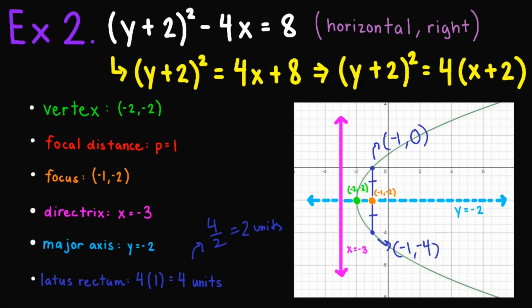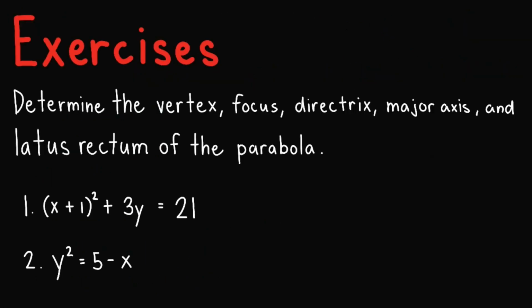I hope you got that one correctly, and by this time I hope that you now have a better understanding on how to get the parts of the parabola. With that, here are 2 exercises that you can work on. Similar to what we had, your goal here is to determine the vertex, the focus, the directrix, the major axis, and the latus rectum, its distance, and its endpoints, given these 2 equations.